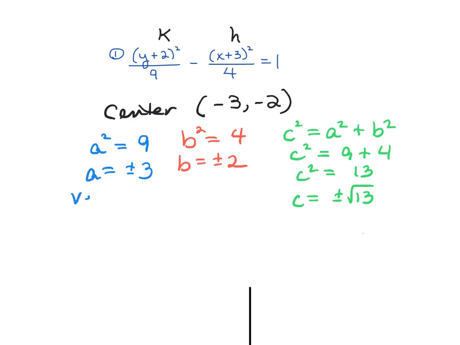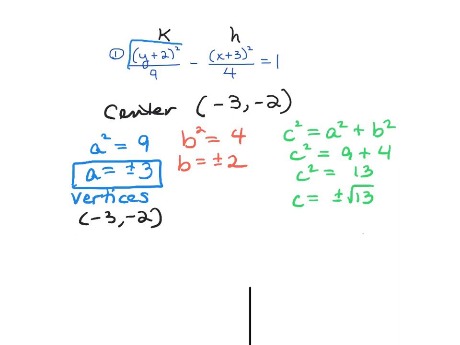Let's go do the vertices. We're going to take the center point and add this a value to this first variable, the top of the fraction, which is the y. So I'm going to add and subtract 3 to the -2.